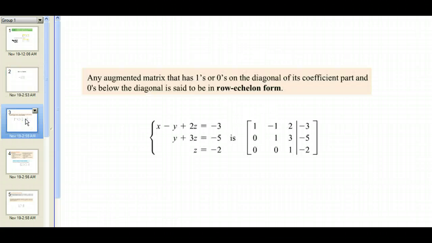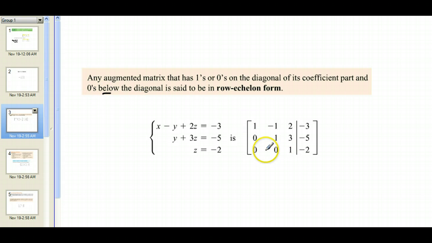Alright, a couple of different names we have for special conditions that show up. If you have what we call an augmented matrix, again, there's that vertical line segment that lets us know it's augmented. These are x's, y's, and z's. These are our constants. If you have an augmented matrix that has only ones or zeros on this main diagonal, and then zeros everything below the diagonal, okay?